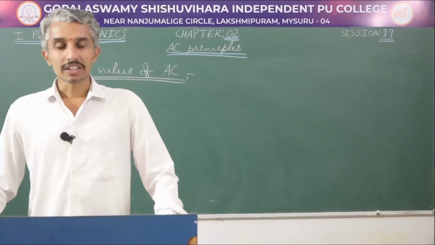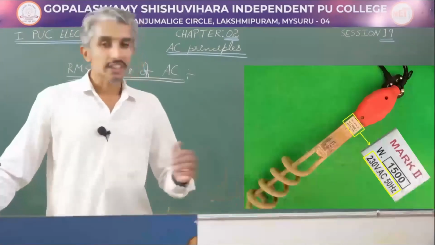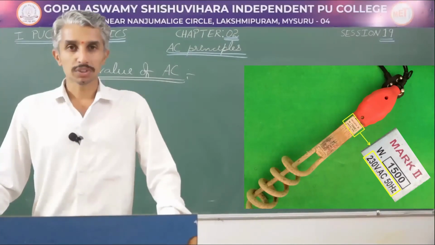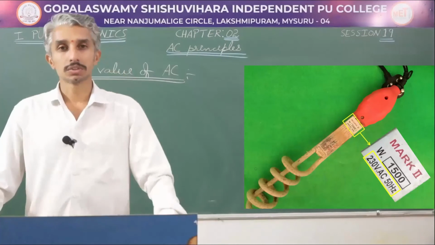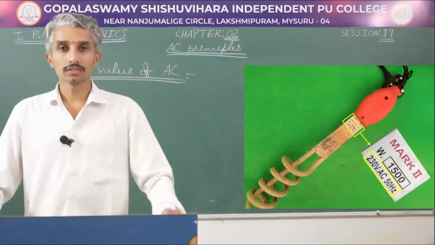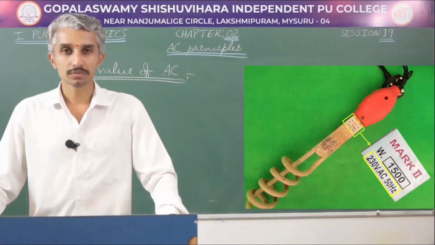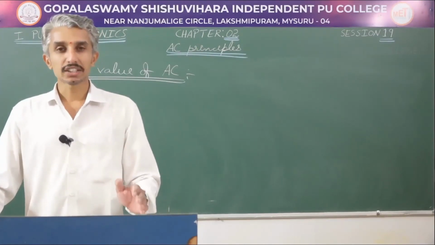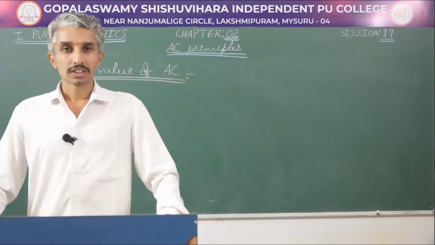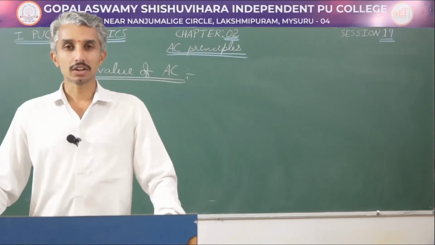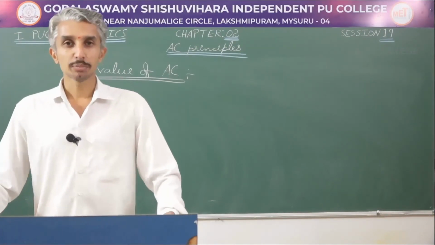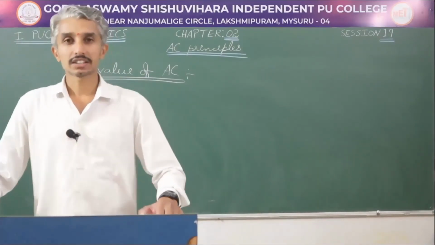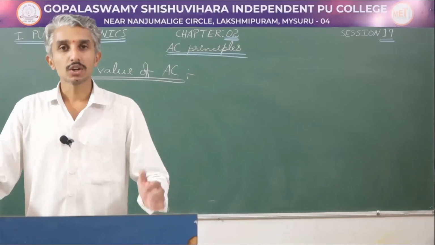What is the DC equivalent? If you consider a water heater, when an alternating current is passed through it, or when we switch it on in our home, the coil of the heater gets heated up. What amount of DC current will have to be passed to make the coil heat to the same extent? That is what is called the DC equivalent of AC current, or the other name being RMS value of alternating current or alternating voltage.